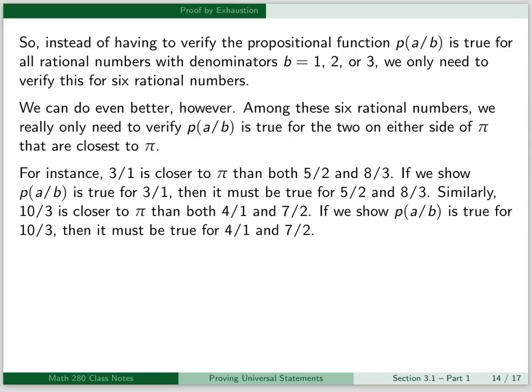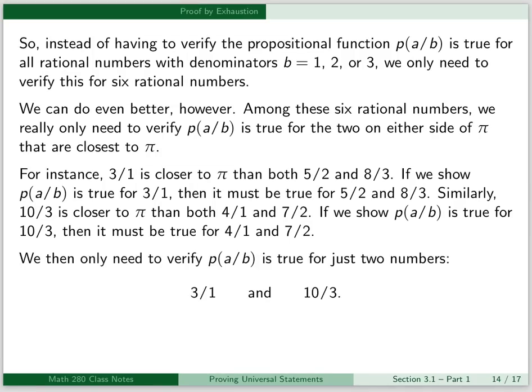If we show p of a over b is true for 10/3, then it must be true for 4/1 and 7/2. We then only need to verify p of a over b is true for just 2 numbers, 3/1 and 10/3. These are the 2 numbers on either side of pi that are closest to pi.